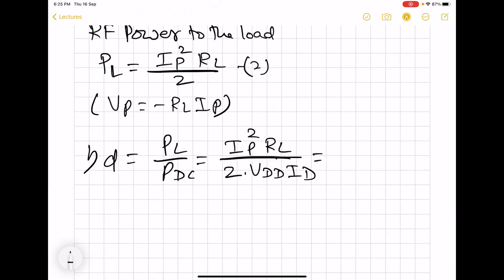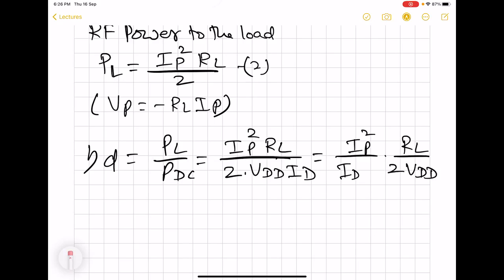So this can be rewritten by separating out the quantities which can be varied with the help of one of the three independent parameters that we just pointed out. So I have separated out VDD, although VDD can also be varied. RL is certainly fixed, and so this is the only fixed parameter.